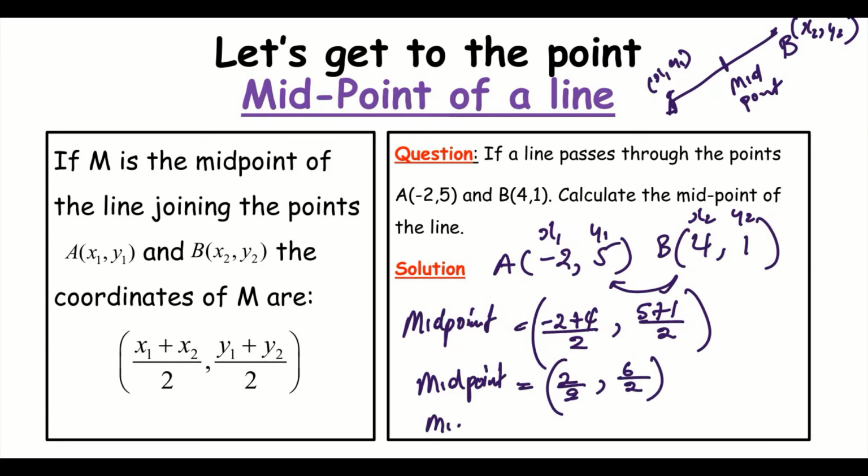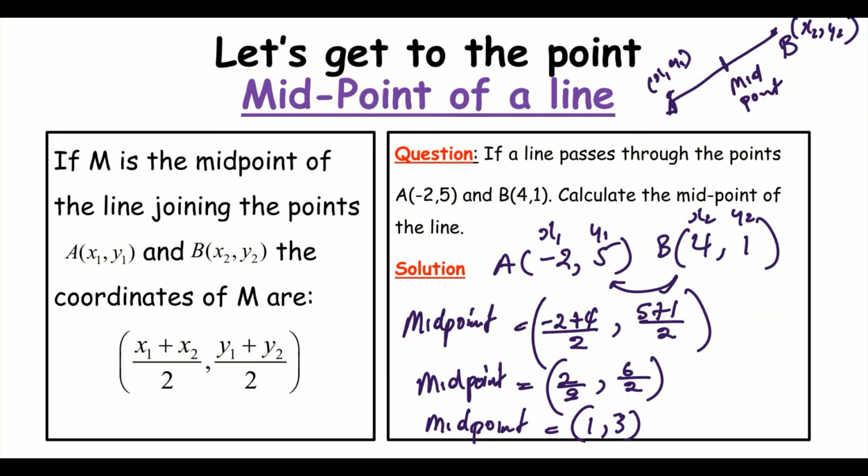So the midpoint is equal to (1, 3). So the coordinates for the midpoint are (1, 3). If I were to draw the points (-2, 5) and (4, 1) on a graph and bisect that line in two, finding the line halfway, it's going to be at the point (1, 3).